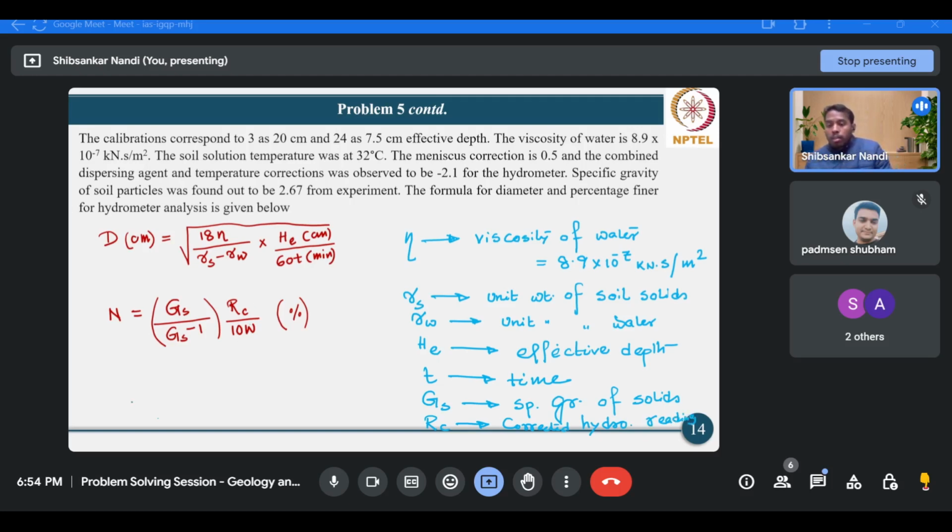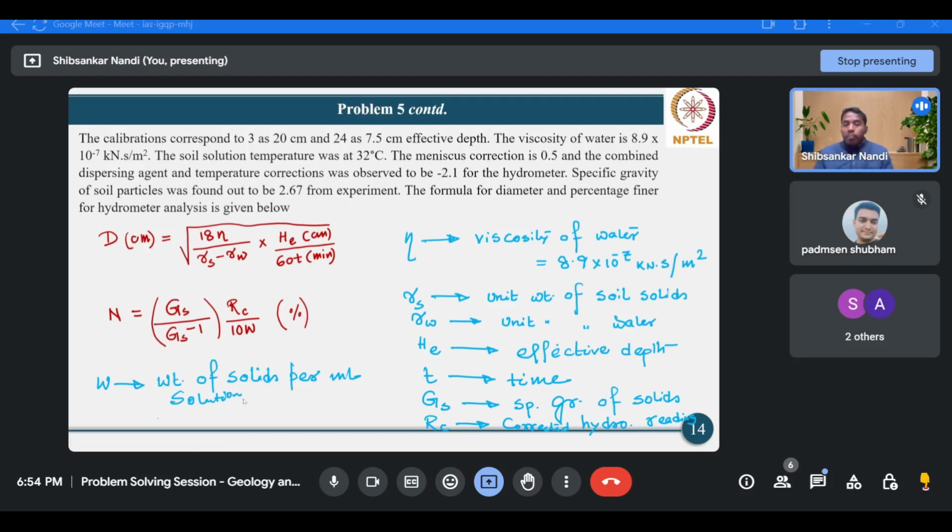And W is the weight of solids per ml of solution.